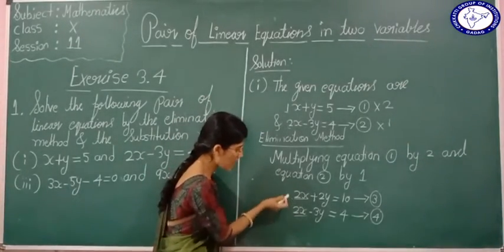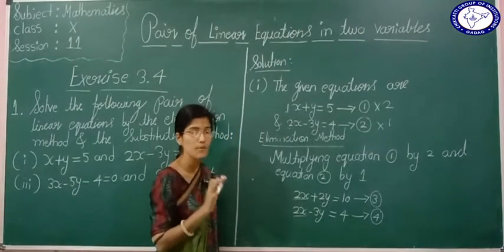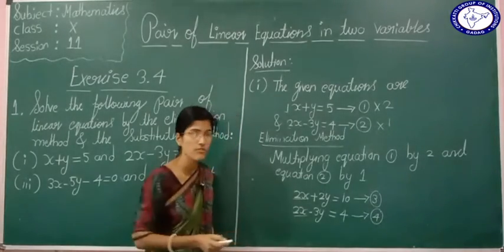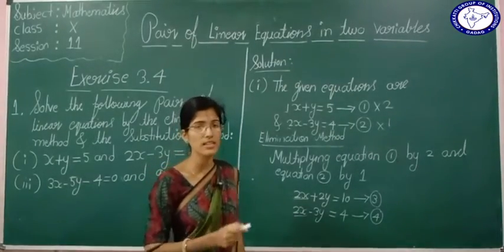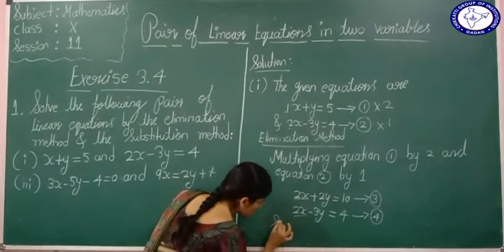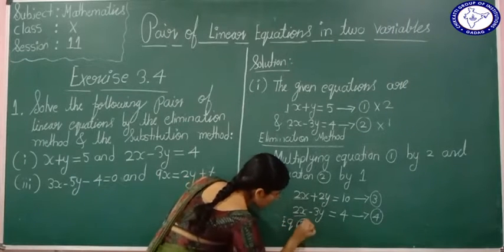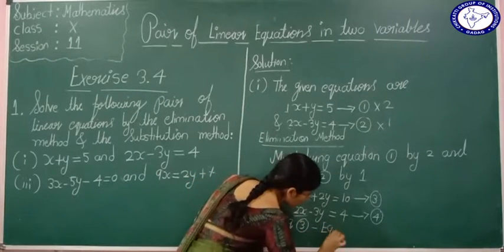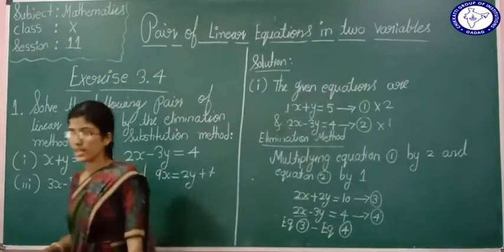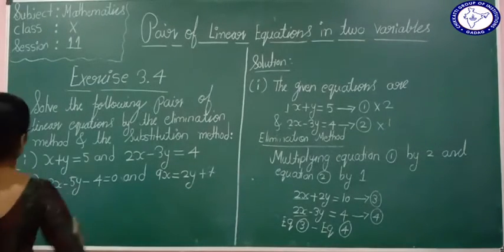If signs are the same, we subtract the equations. If signs are different, we add the equations. Now here the signs are the same, so I will do equation 3 minus equation 4.